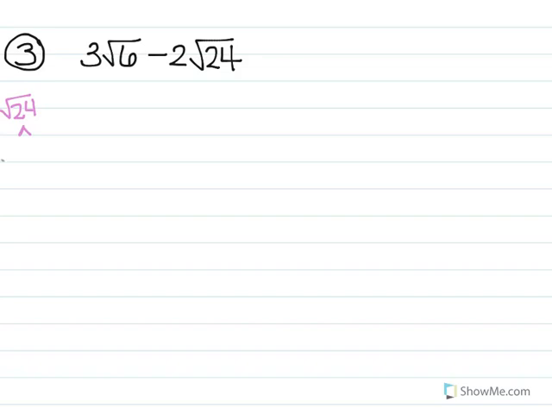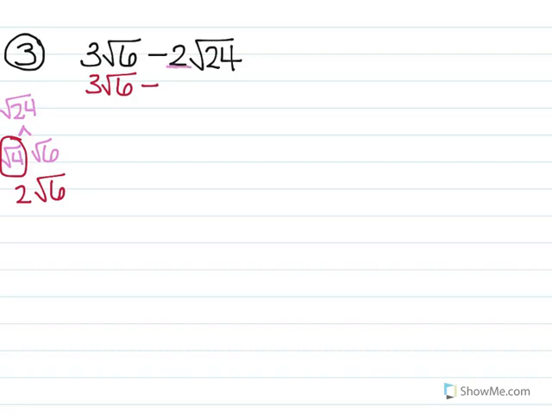24 divided by 6 is 4. 4 is a perfect square. The square root of 4 is 2. So radical 24 is the same thing as 2 radical 6. So I am going to keep the 3 radical 6 minus, now this part's different.